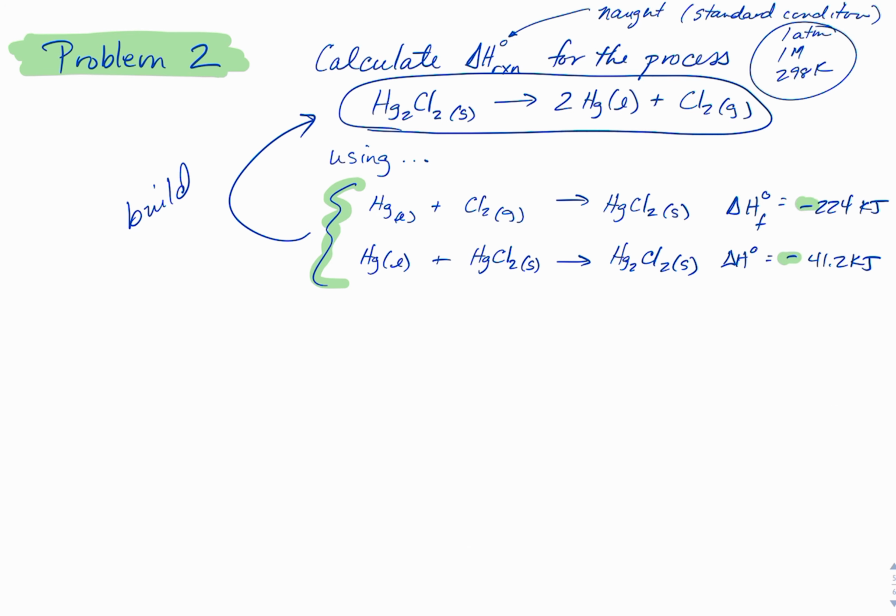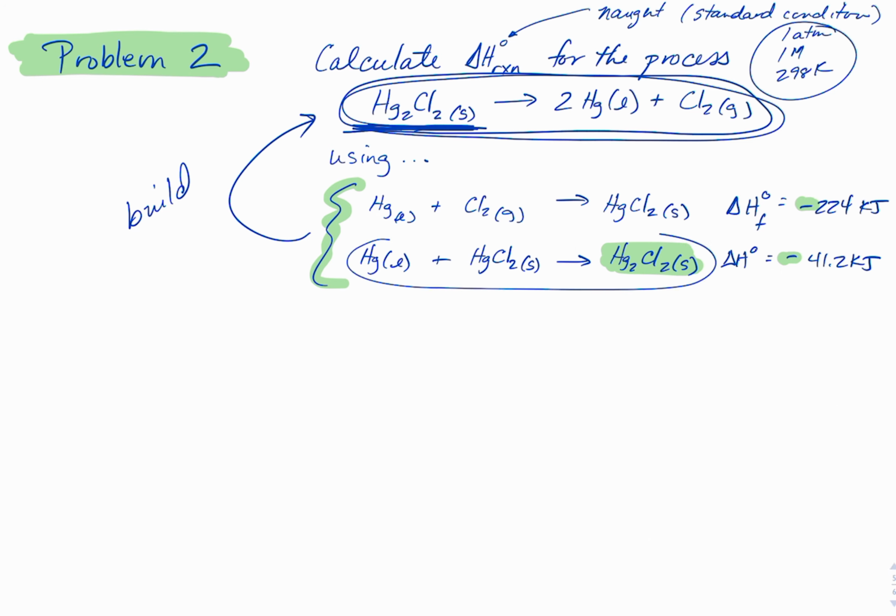I'm wanting to build this reaction up here. First of all, I have to have a reactant of Hg2Cl2, so I find a reaction below that has that substance. I'm going to use that chemical reaction to put that substance as a reactant, so I rewrite it: Hg2Cl2 solid, and then I flip it.